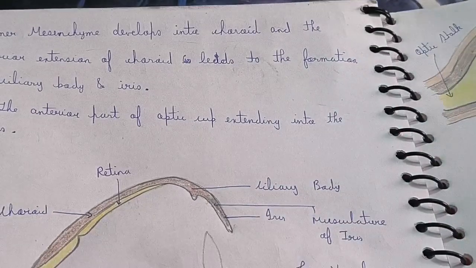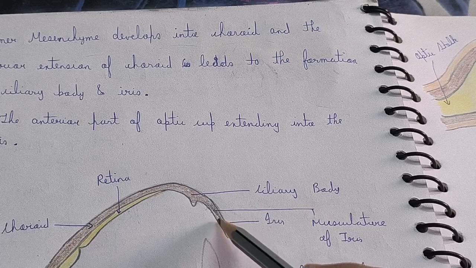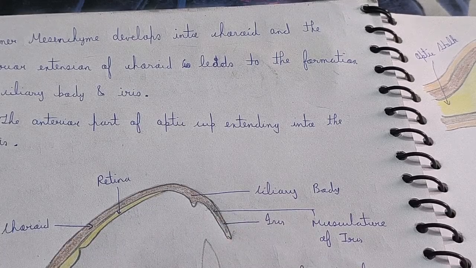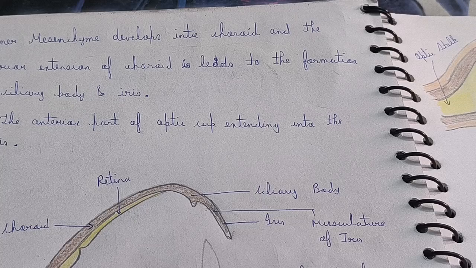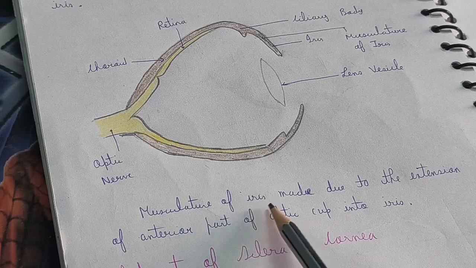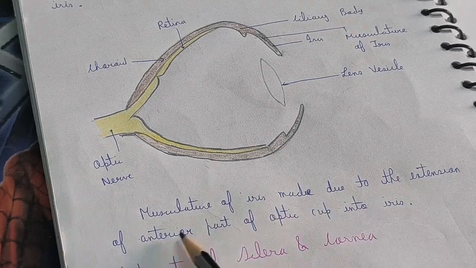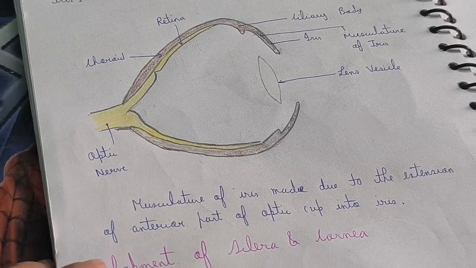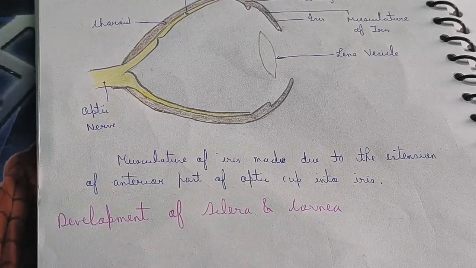But due to the extension of this anterior part into the iris, the muscles of the iris form, due to which contraction and dilatation of the pupil occurs. So I have written that the musculature of the iris forms due to extension of the anterior part of the optic cup into the iris.